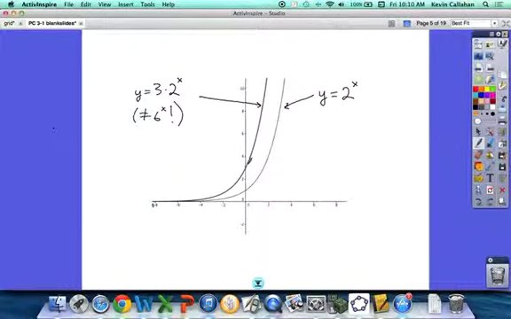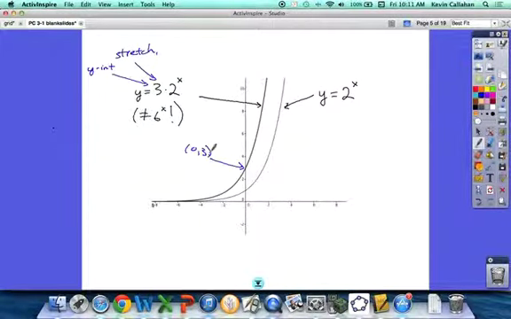More than that, when we dealt with all the transformations before, when you multiplied by a constant bigger than 1, that was called a stretch. But we know now from an exponential function standpoint, if you've got a constant in front of there, that's the y-intercept. y-intercept 0, 3.